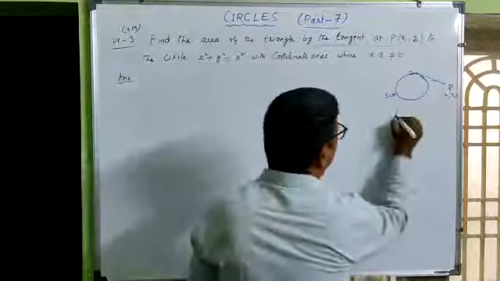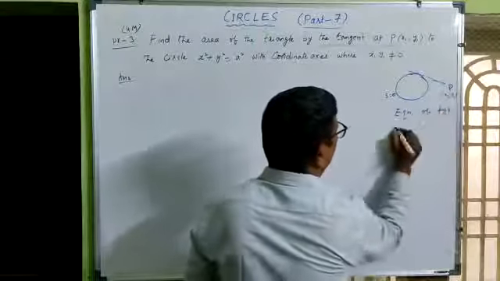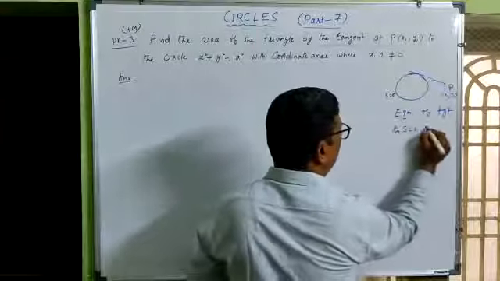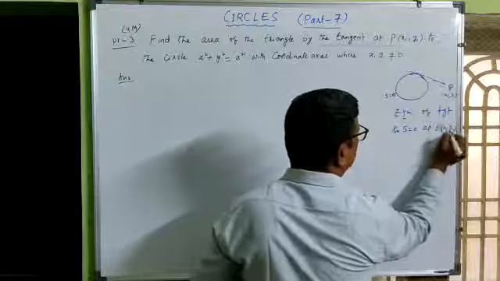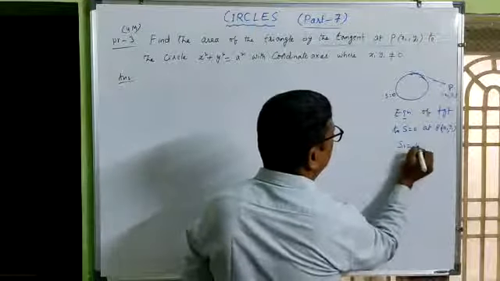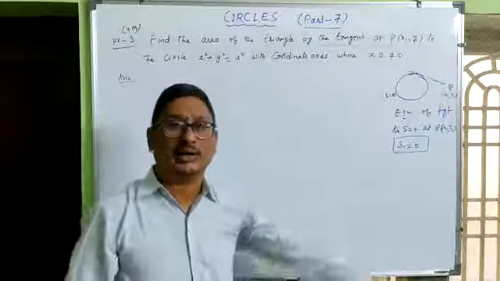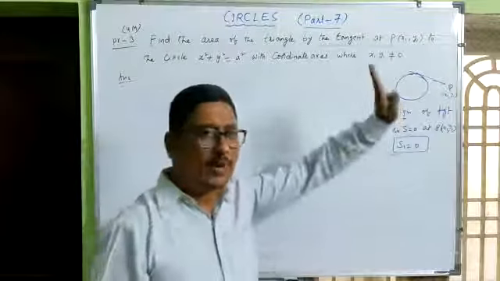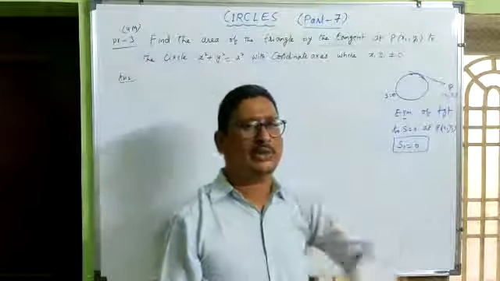So equation of tangent to S is equal to 0 at P x1 y1. So the equation of tangent is S1 is equal to 0. So the equation of tangent to the circle S is equal to 0 from the point P x1 y1 is given by S1 is equal to 0.